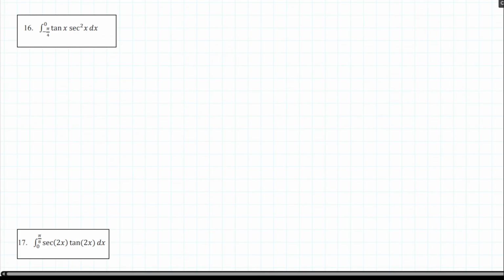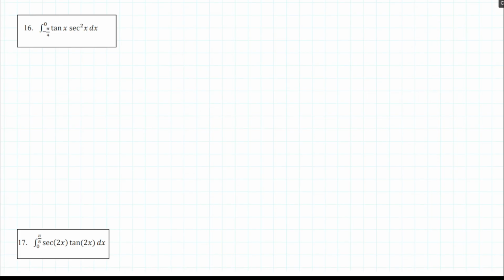So let's see this problem. We have tan x and its derivative is also available here. So let's use u equal to tan x. Then du is secant square x dx, or du over secant square x equals dx. Okay, let's change the limits.